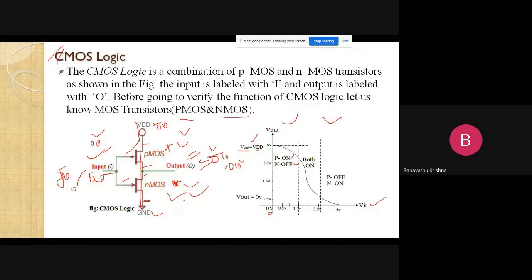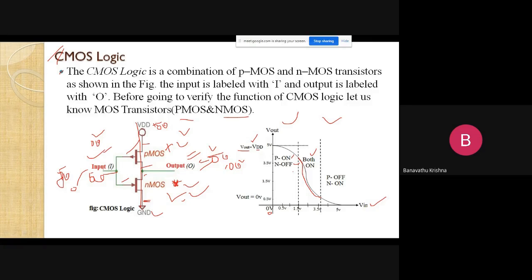In that case we can't define the output response as either 0 or 1. The output response will slowly fall down in the partially on and partially off condition, since the path is available from VDD to VSS. So at that point we are unable to say whether the output response is logic 0 or logic 1.